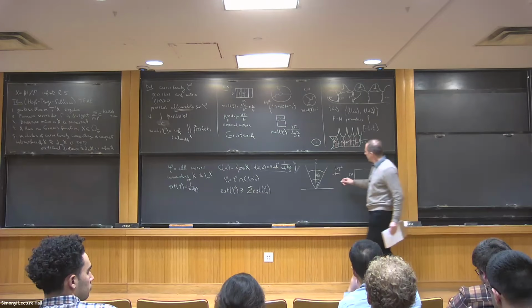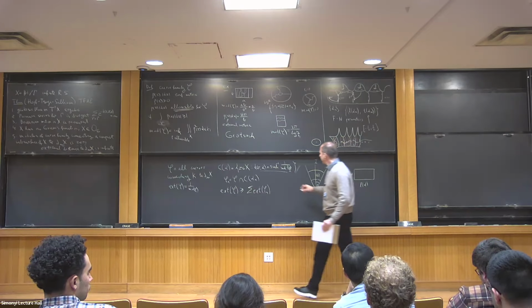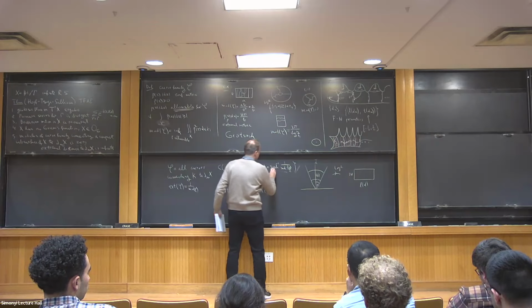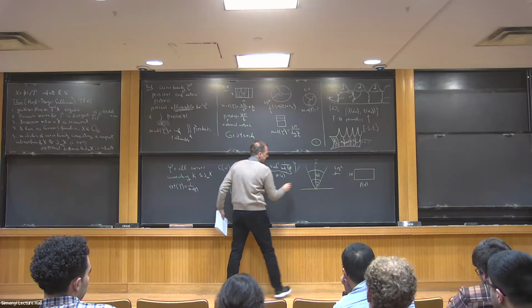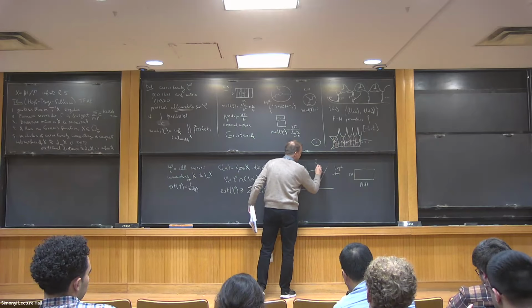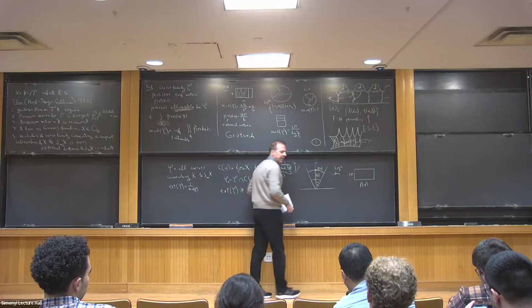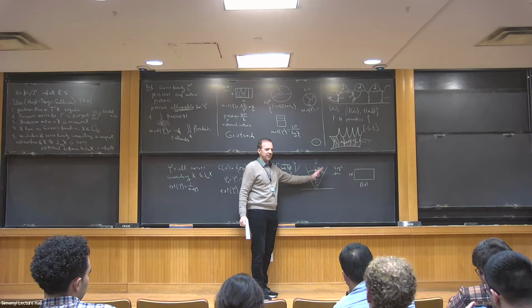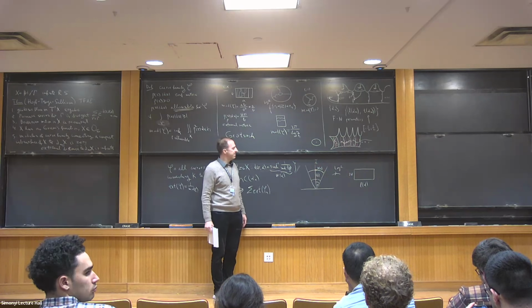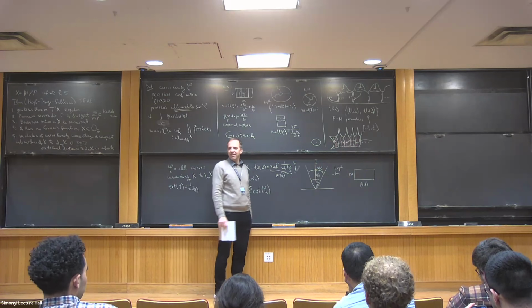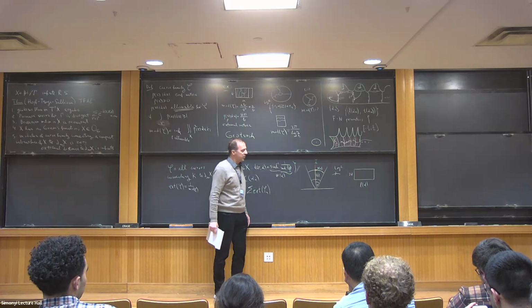If I call this number W of alpha, then theta is actually a function of W. It's a simple fact in hyperbolic geometry.